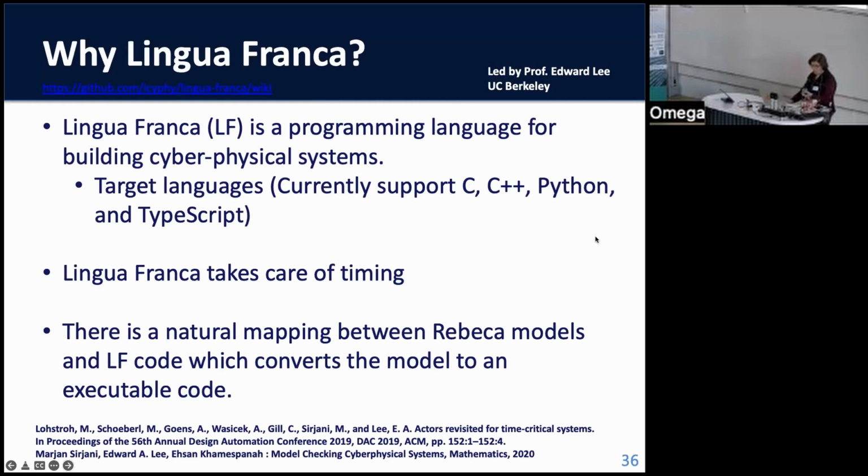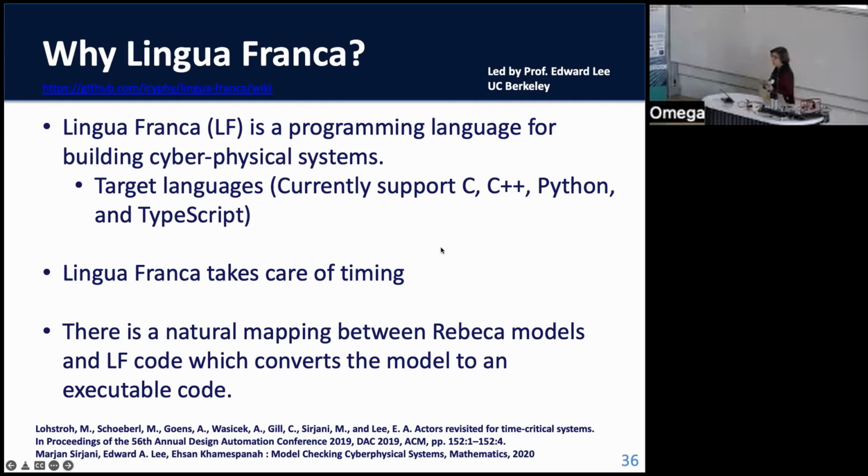And why Lingua Franca? We mapped Rebeca to Lingua Franca because we wanted to close the loop. You can run Lingua Franca, and it is also actor-based. It wraps all these target languages. We use C++ code, which is closer to what we want to run on a PLC, for example. And it takes care of timing.